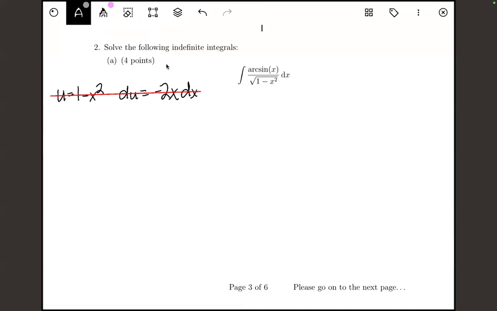So one thing I am seeing though is arcsine of x, that is a hard function to get rid of. So I would hope that arcsine of x is either my u or some way related to my du. If I look at this and realize that this is arcsine of x times 1 over the square root of 1 minus x squared, then I see not only an arc sine, I see the derivative of arc sine hiding there.